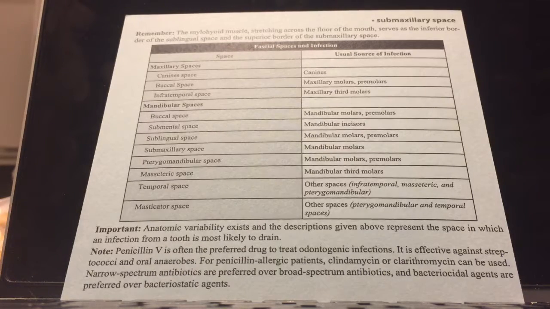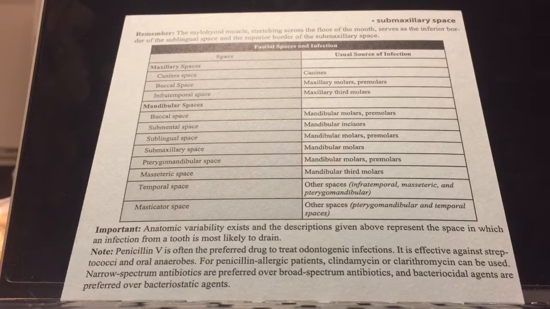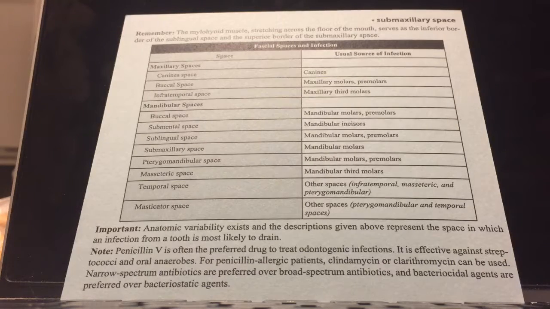Now, in the mandibular spaces, we have the buccal space, whose usual source of infection will be the mandibular molars and premolars. The submental space, the source is the mandibular incisors. Sublingual space, mandibular molars or premolars.